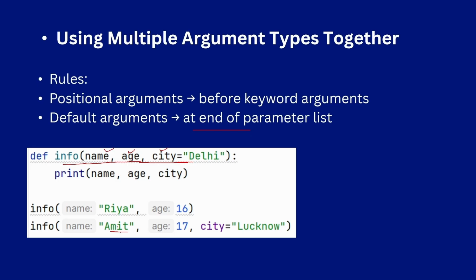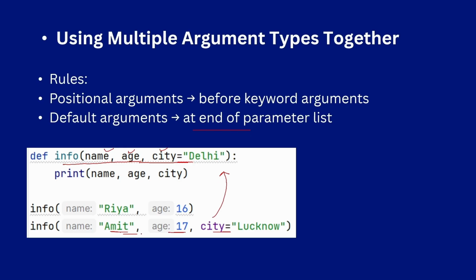Amit, so name will become Amit and age will become 17. And here we are again passing city equals Lucknow, so this is the keyword argument. When we pass this keyword argument, it will override the default value.